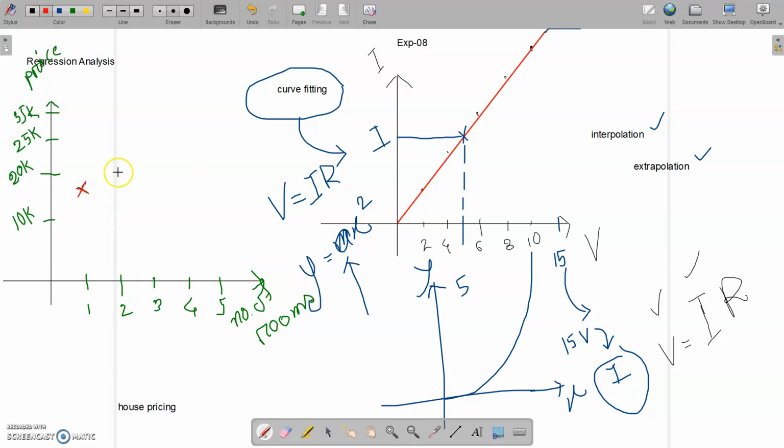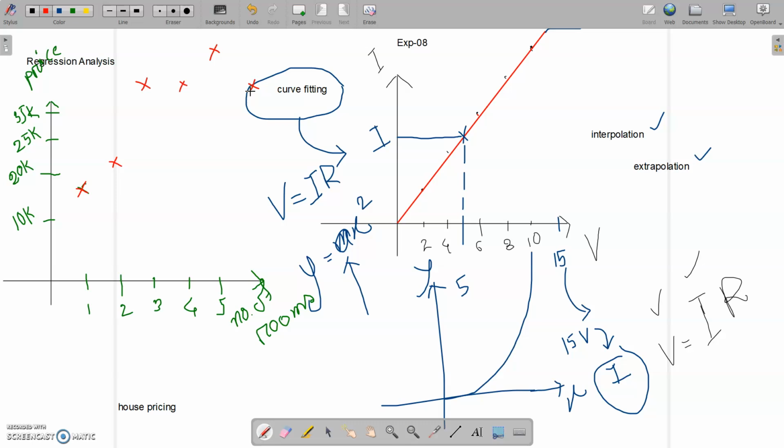For 2 rooms, it is around 20,000. For a 3 bedroom, suddenly the price is very high. For 4 bedroom, it is a little bit lower. For 5 bedroom, it is again high. For 6 bedroom, it is comparatively a little lower.